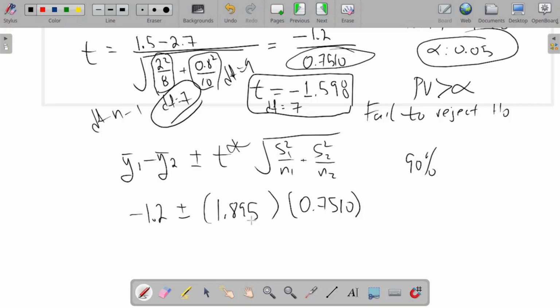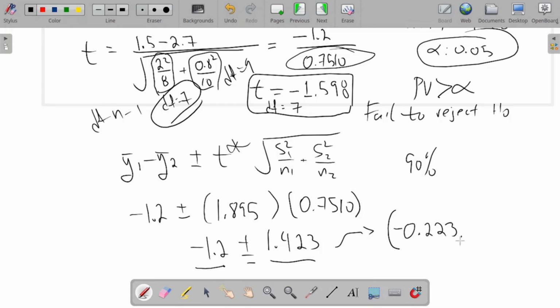1.895 times 0.7510, and the margin of error then is 1.423. And of course we have negative 1.2 that we have to add and subtract from that. So if we come over here, our lower bound will be this minus this, which should be negative 0.223.